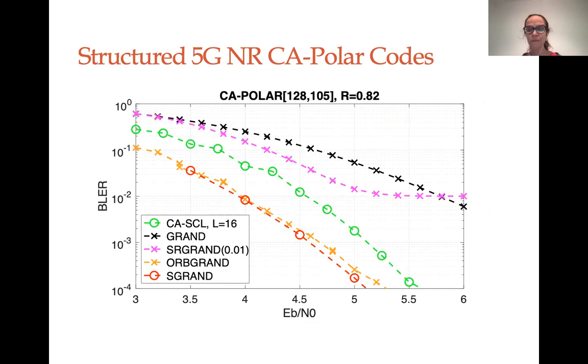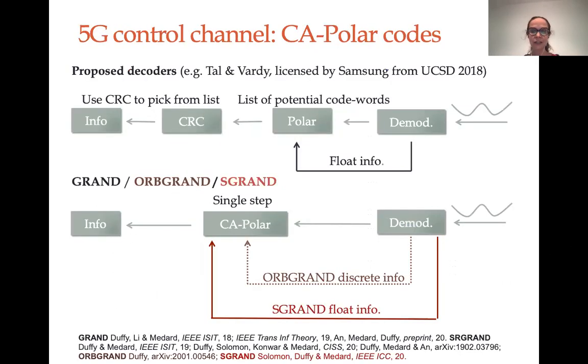It doesn't matter. Just because it's a CRC-aided polar code doesn't mean I need to do a 2-step decoding. I can do a single-step decoding. So I want to really emphasize this. I do not need to do a 2-step decoding. I can do a single-step decoding and do a single check of a linear relation in what was received.